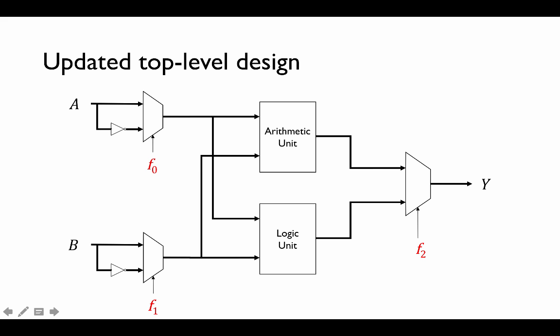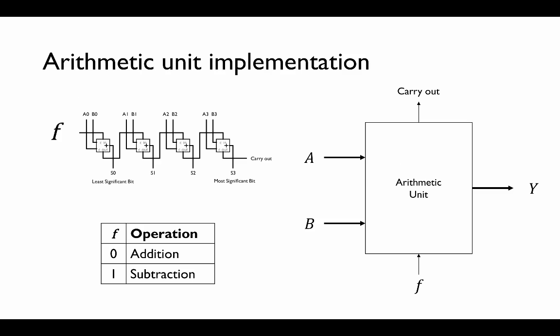So say we want to do A minus B: we feed A into the arithmetic unit, we feed NOT B in to give the 1's complement, and then we put a 1 into the carry in to make it NOT B plus 1. So we'll have A plus NOT B plus 1, which is the same as A minus B in 2's complement.